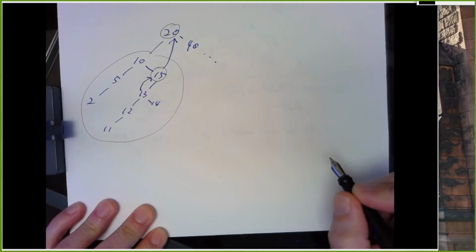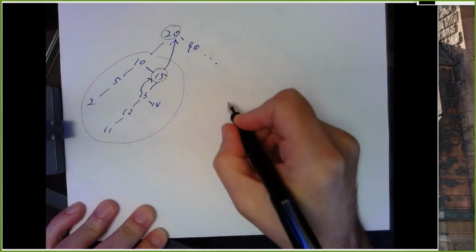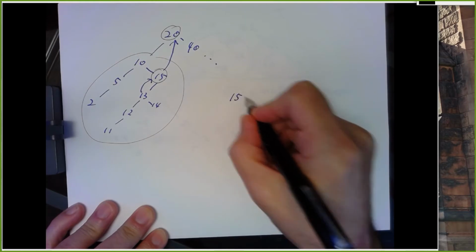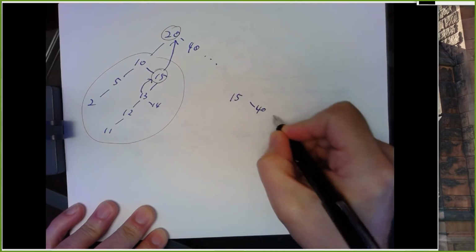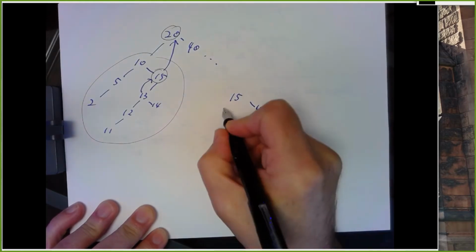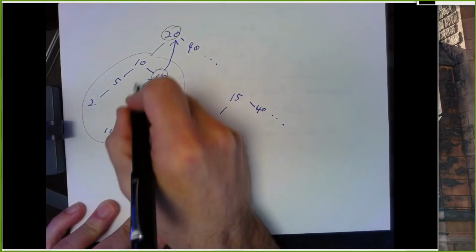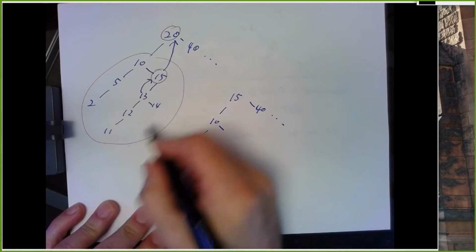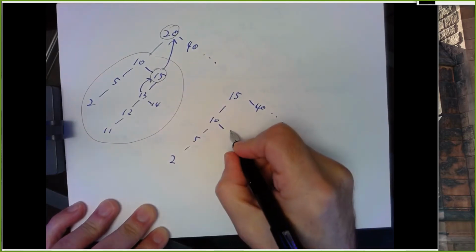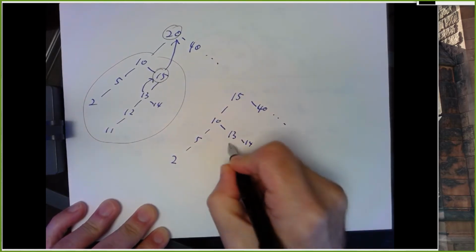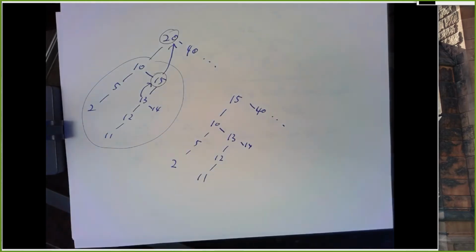And it'll be adopted by 10 in this case. So this will end up looking like 15, 40, and all the stuff on the right subtree, and then 10 and 5 and 2. And the right child of 10 will be everything that was to the left of 15. So this will be 13, 14, 12, 11.